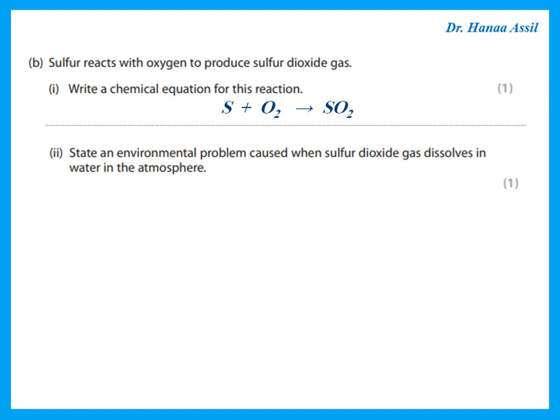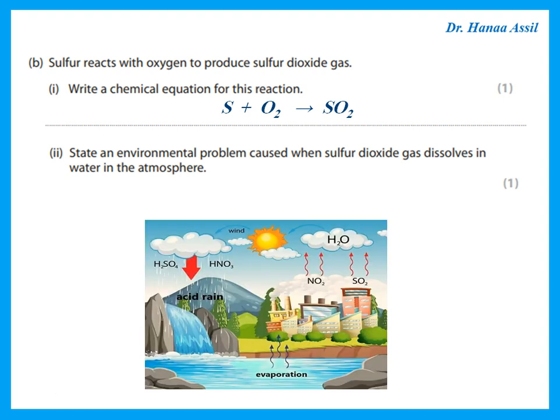State an environmental problem caused when sulfur dioxide gas dissolves in water in the atmosphere. Remember we said gases like sulfur dioxide and nitrogen dioxide, when they go up into the atmosphere, they dissolve in rainwater and form what we call acid rain.